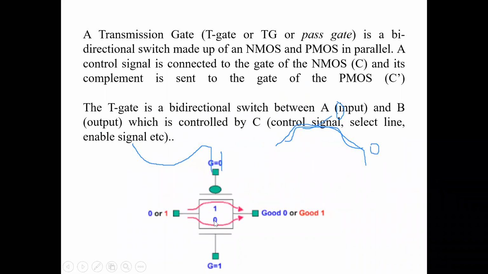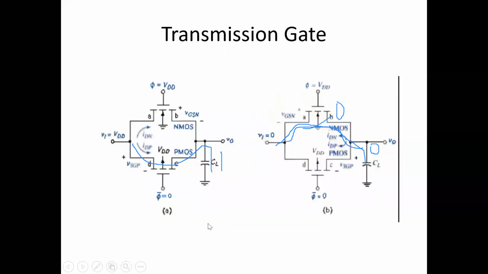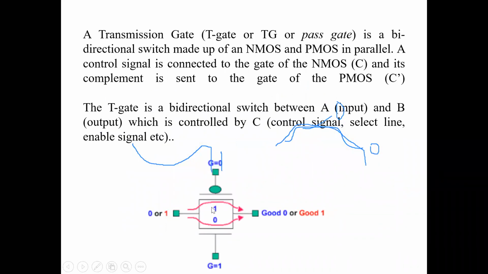Here, depending on which input you give, either the NMOS or the PMOS transistor is on. If it is 0, the NMOS transistor is on. If it is 1, the PMOS transistor is on. So depending on the input, either the N or P transistor will be turned on, but the output will not get degraded.